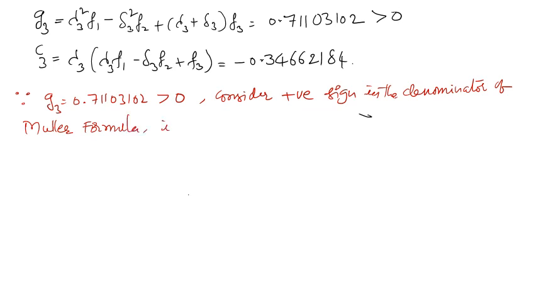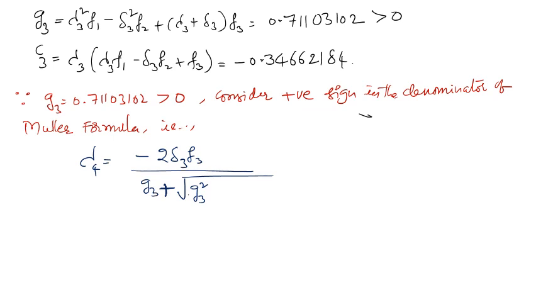That is, what is Muller's formula for x4? Before going to find x4, find lambda 4 value. The formula is minus 2 delta 3 f3 by g3 plus or minus, now consider plus because g3 is positive, under root of g3 square minus 4 delta 3 f3 c3.